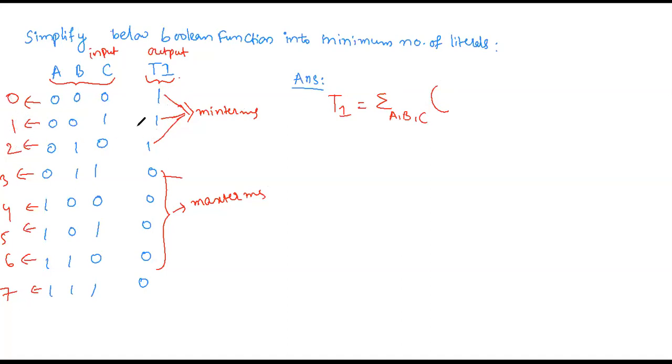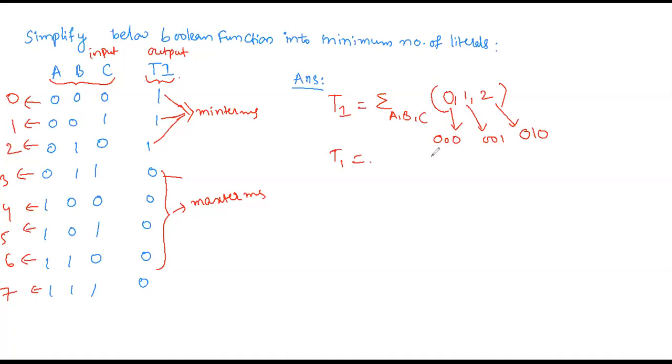So the expression is 0, 1, 2. 0 will be written as three zeros. 1 is written as 0, 0, 1. 2 is nothing but 0, 1, 0. The first digit indicates A, second digit is B, third digit is C.